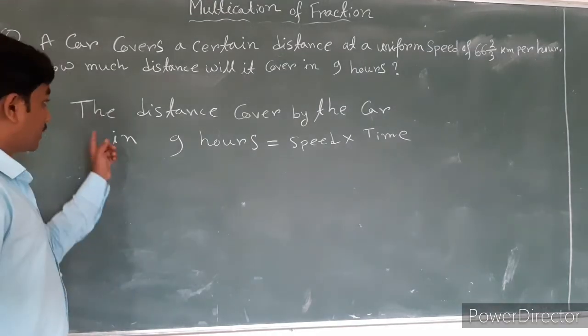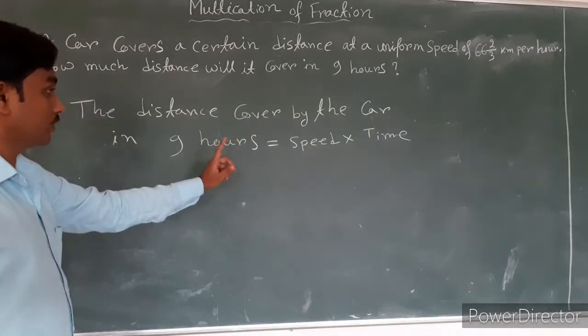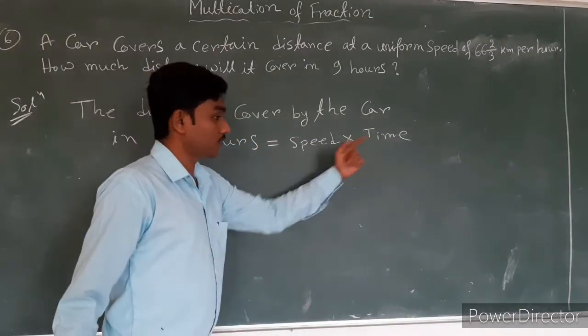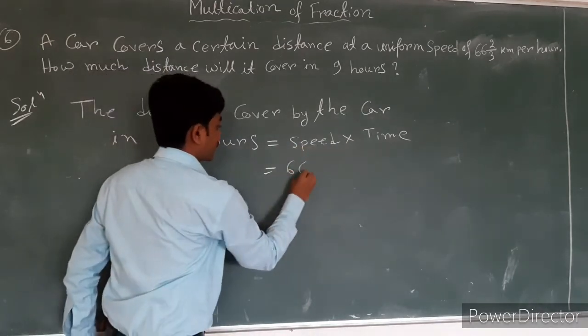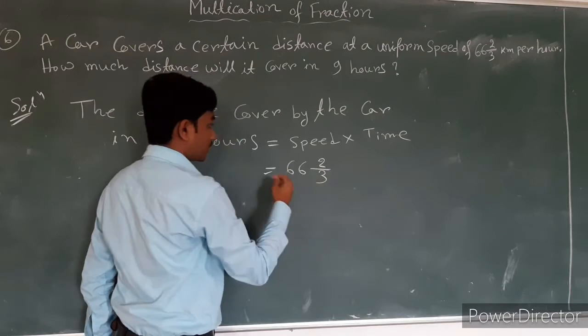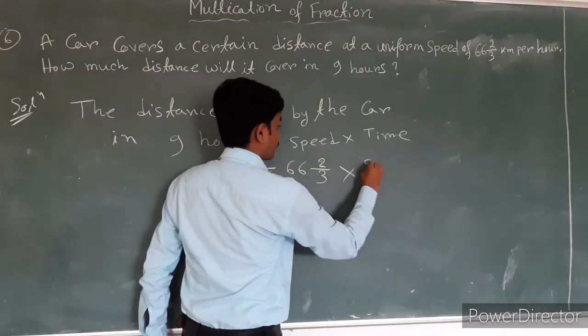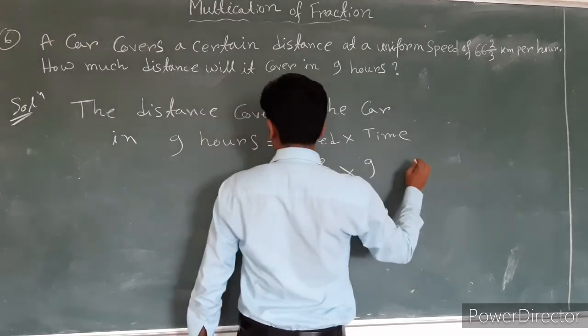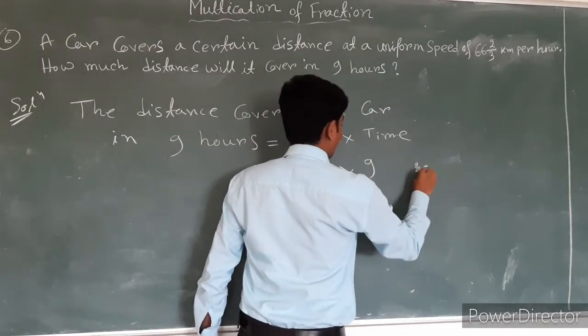So the distance covered by the car in 9 hours is equal to speed into time. So speed is equal to 66 whole 2 upon 3. Time is 9 hours. So 9 kilometers.